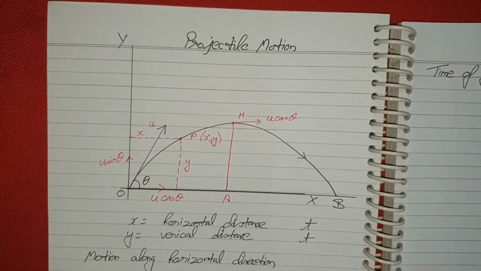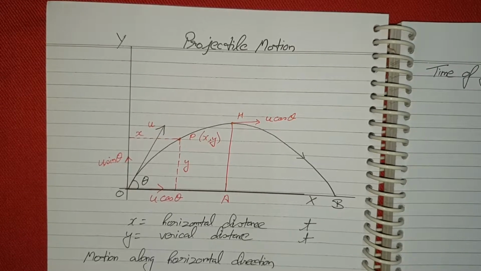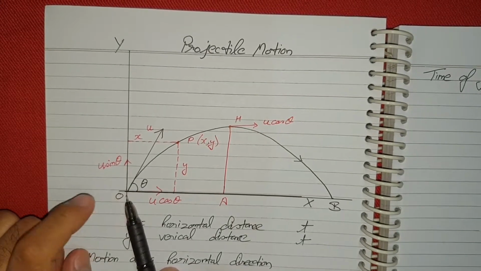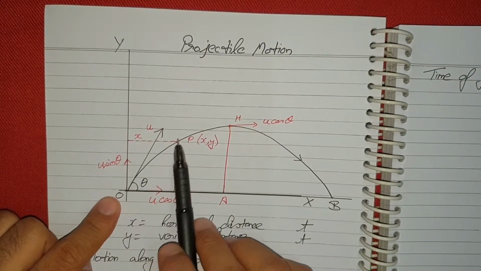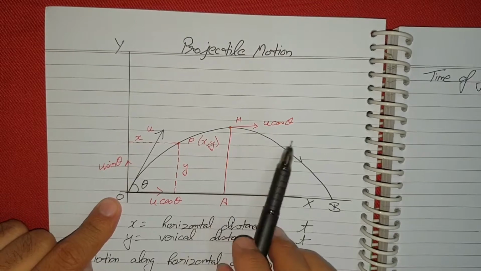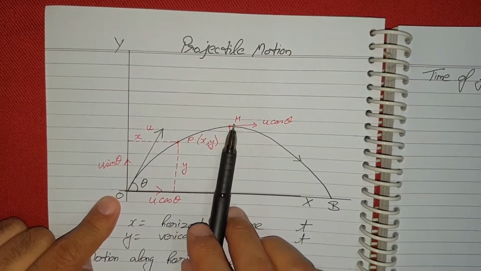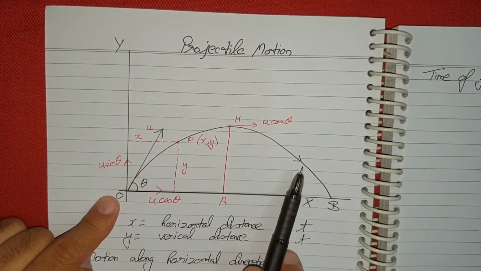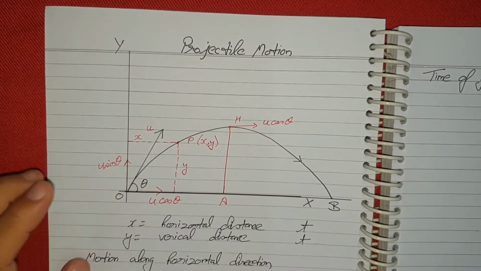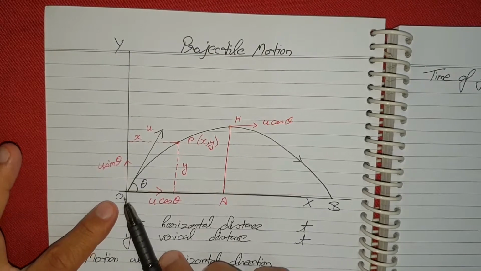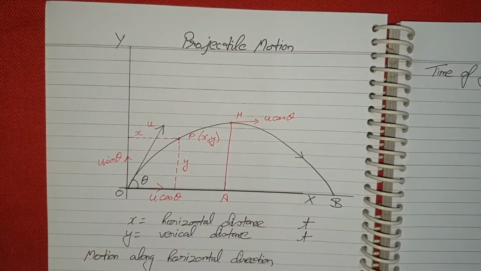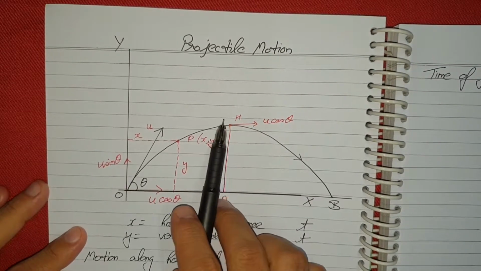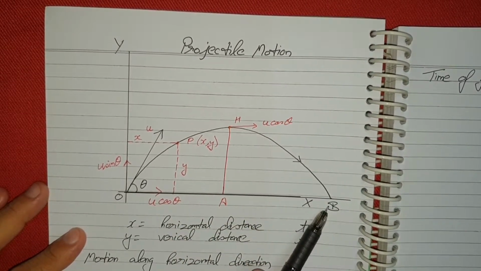Now see, if we take small t, let t be the time interval, and we take this as time of ascent, meaning time taken to reach from point O to the highest point, and time of descent as time taken from the highest point to point B, the lowest point. So basically time of ascent equals time of descent. That means if t is the time taken to reach from minimum to highest level, then the same time t will be required to reach from highest level to the lowest point.